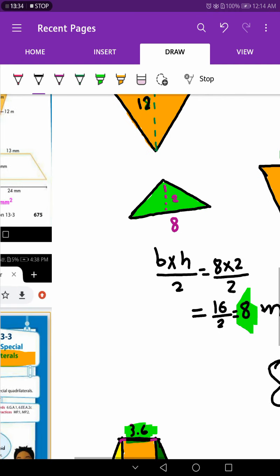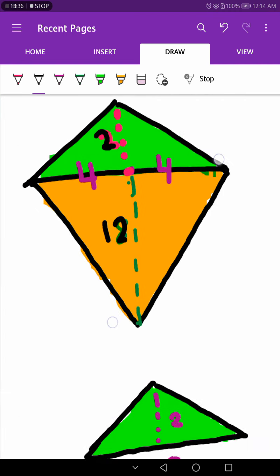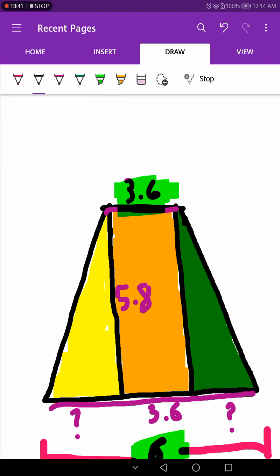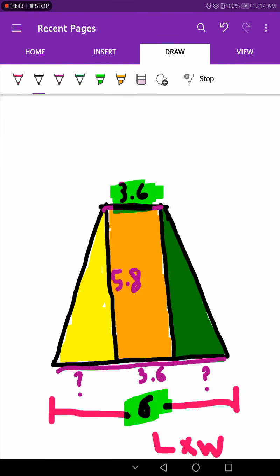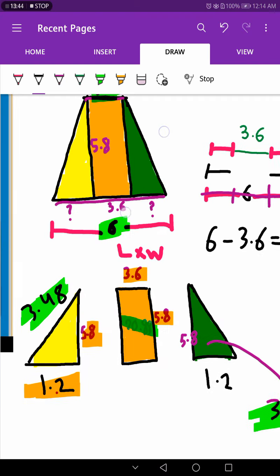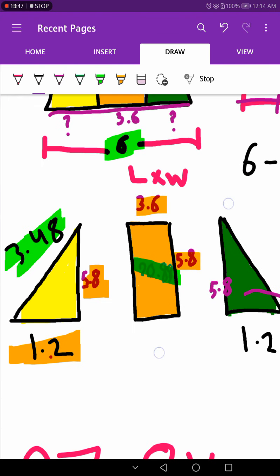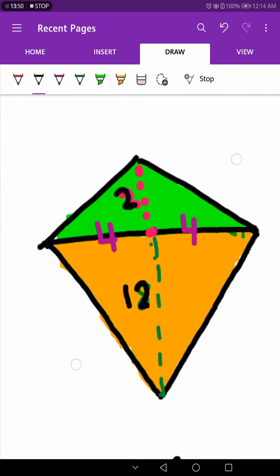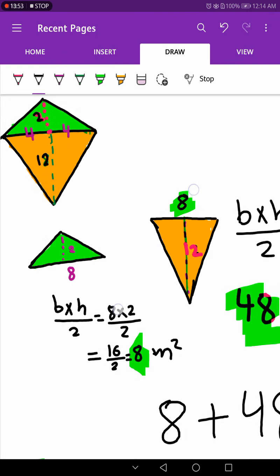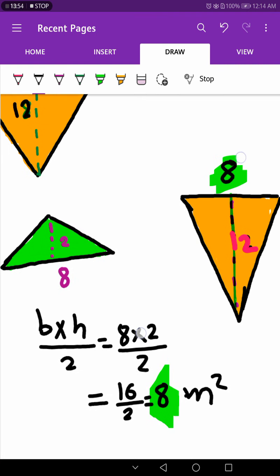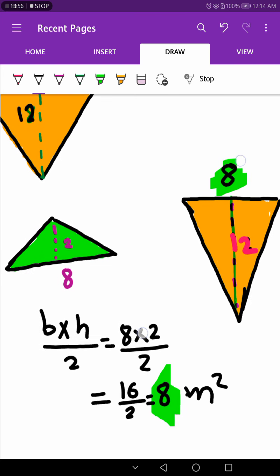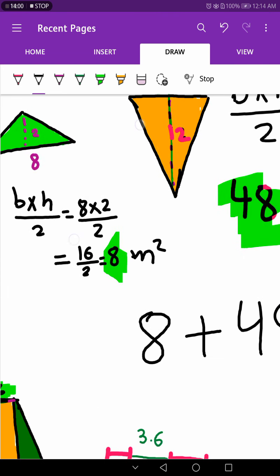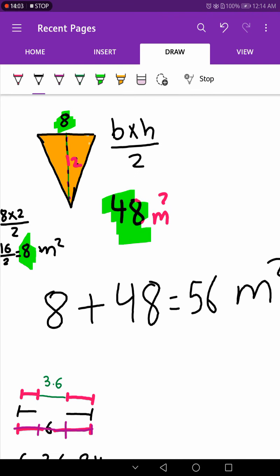Remember, I break any trapezoid into two triangles and one rectangle. And what about the kite? The kite, I decompose it into two triangles, small and big, find the area of the smaller shapes, then add them to get the answer.